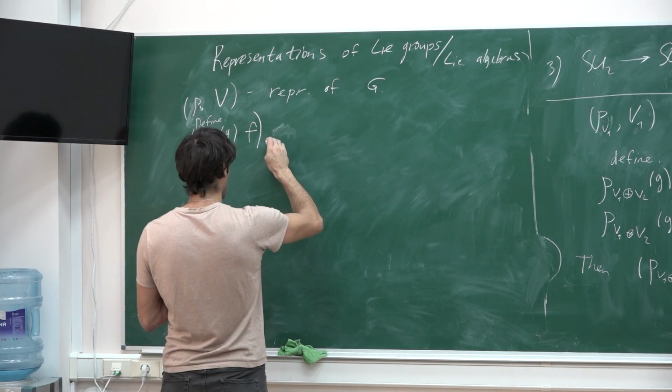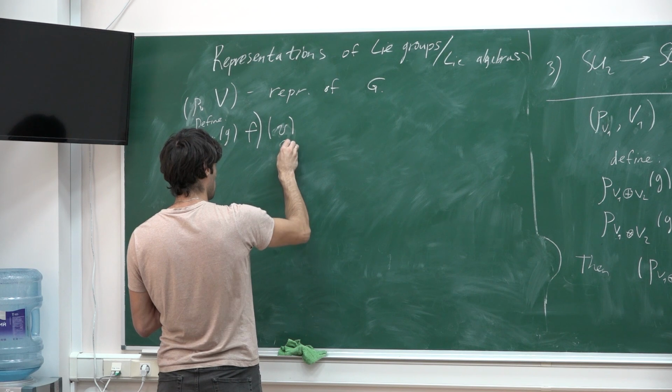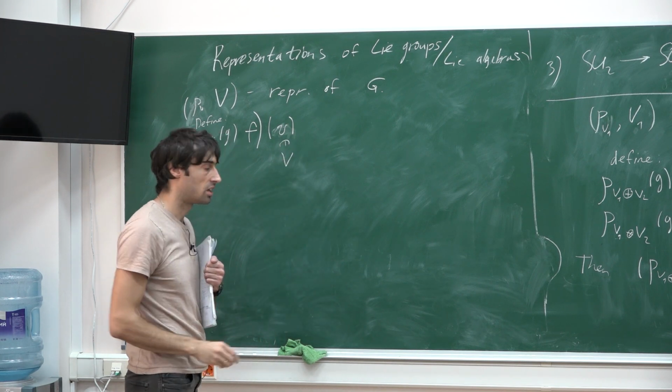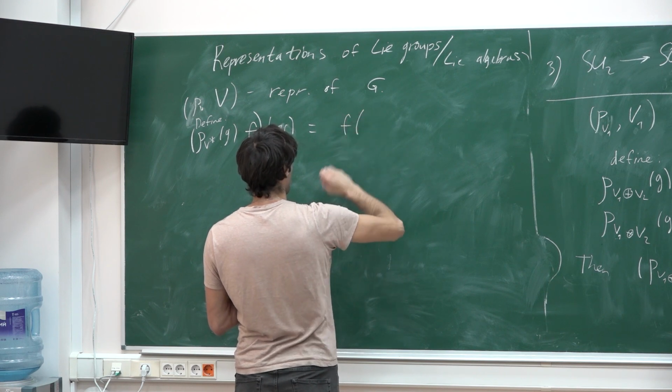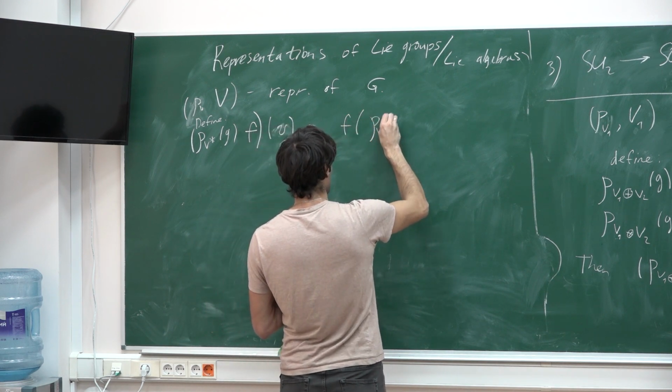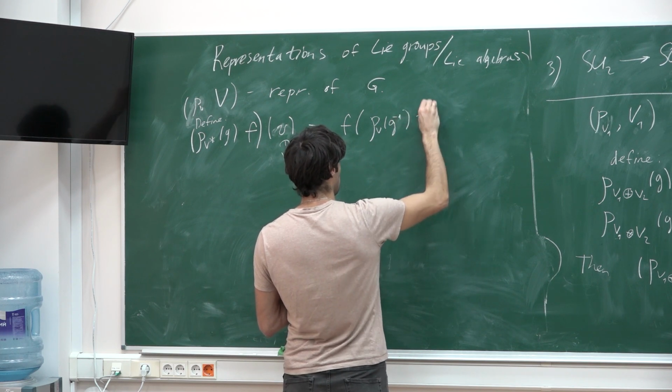We define it by its action on vector V. So this V lives in V, right? So this is just F of rho V of G inverse V.